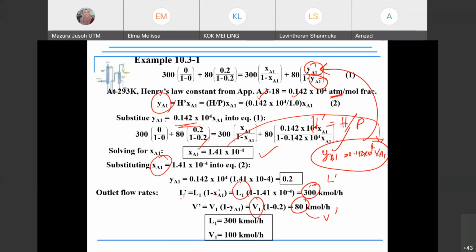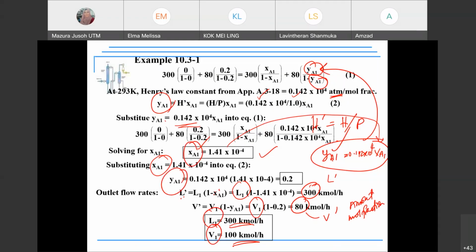And finally, what you get is L1 and V1, which is required by the question, where it's asking you to find the amount and the mole fraction. So the mole fraction is x_A1 and y_A1, and the amount is L1 and V1.